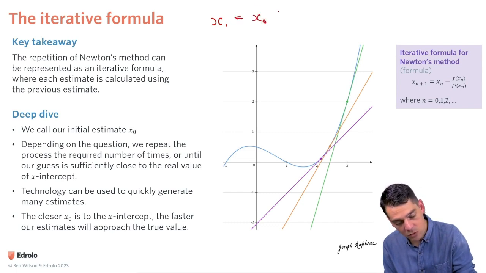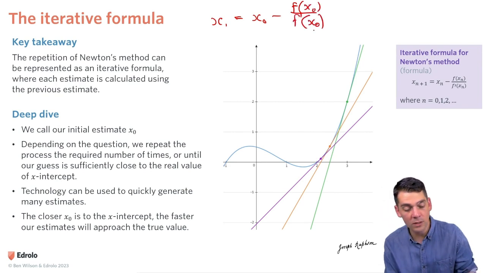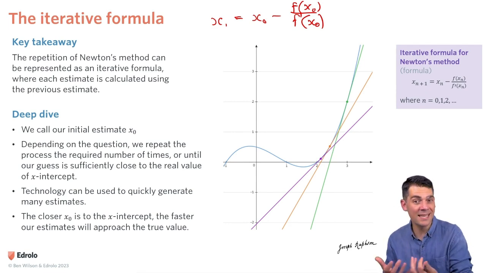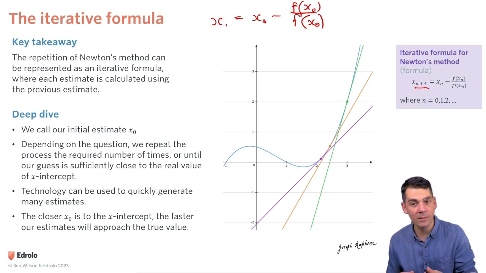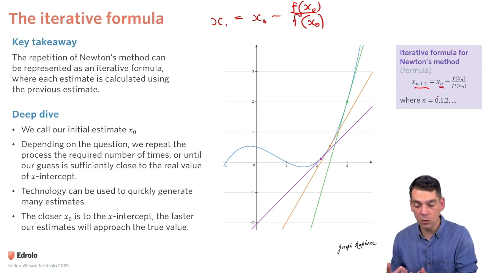We take that initial guess and subtract the y value at that point divided by the gradient at that value. That was the formula for the first approximation. Now, if we extend that to the nth approximation, or the n plus 1th approximation, we're just using the previous one.